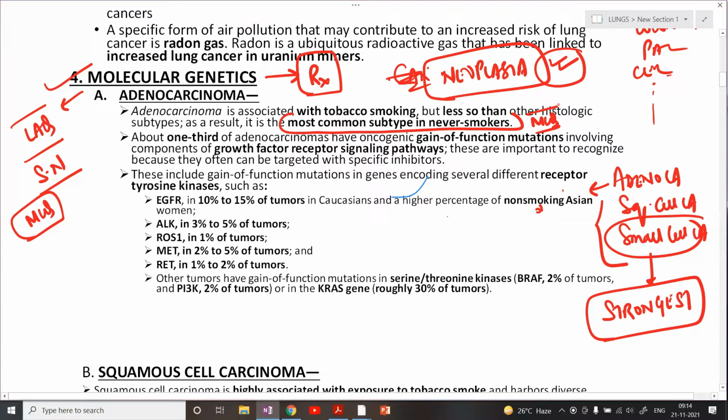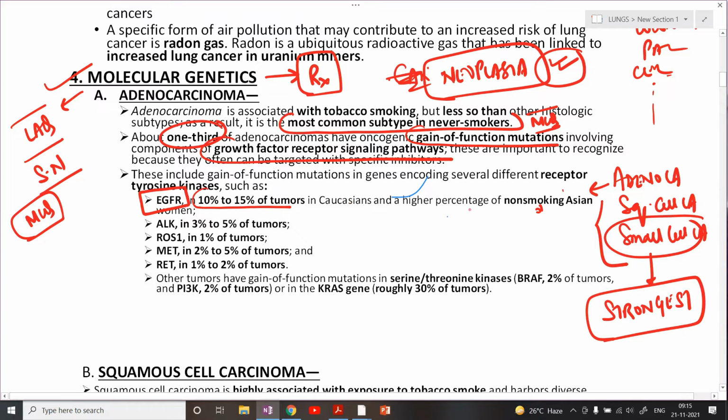Now, a very important thing is that around 1/3 of adenocarcinomas have gain of function mutations involving the growth factor receptor signaling pathways. I'm not going into the details of what gain of function mutation is, or what growth factor receptor signaling pathways are, because they have been discussed in detail in the topic of neoplasia. But what is very important here? The most important gain of function mutation affecting the growth factor receptor is EGFR, epidermal growth factor receptor, which is very commonly involved, in approximately 10 to 15% of adenocarcinomas.